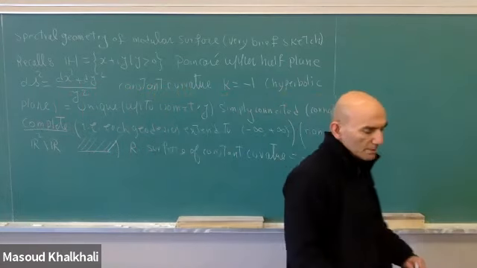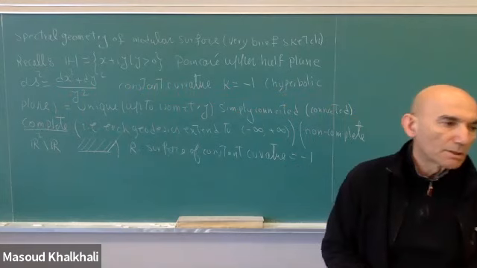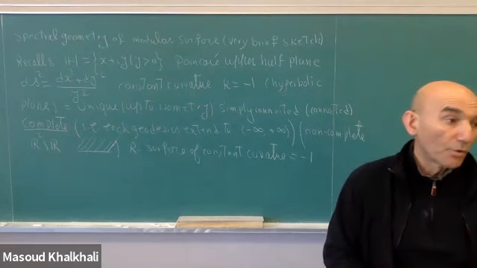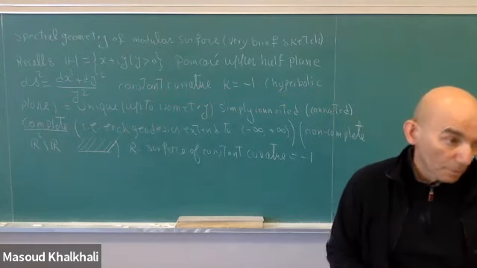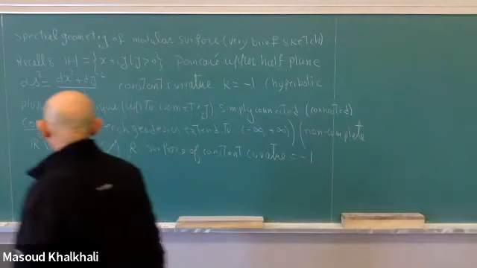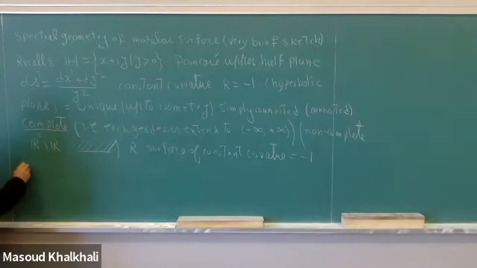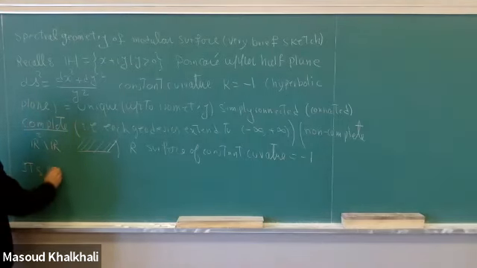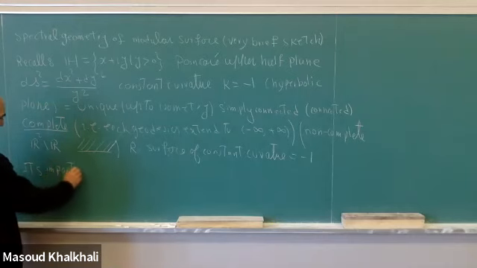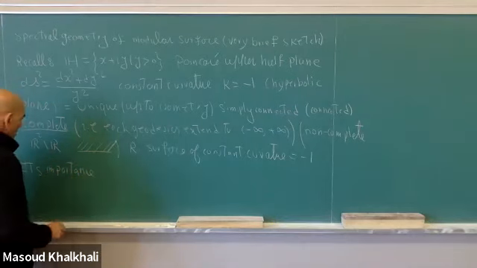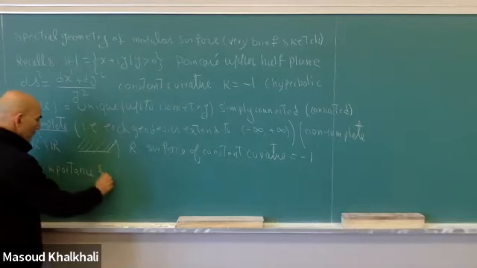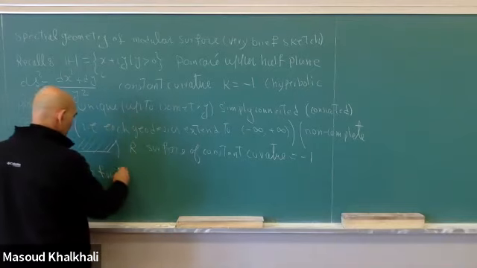So what is the importance of this hyperbolic space for Riemannian geometry? Let me make a comment because that's relevant for us. Its importance for surface theory, for Riemann surface theory, is the following.